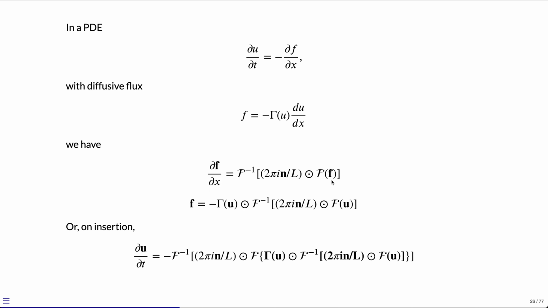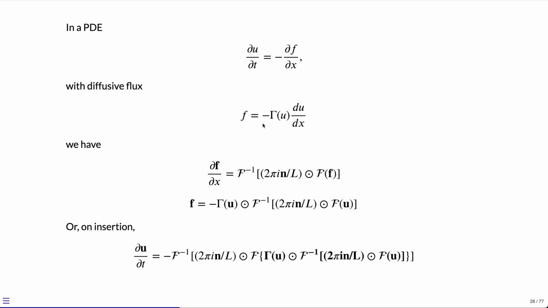So let's show this in a PDE. If we have some diffusive flux, a conservation law, du/dt is minus the divergence of a flux, where the flux is minus diffusivity times a gradient.